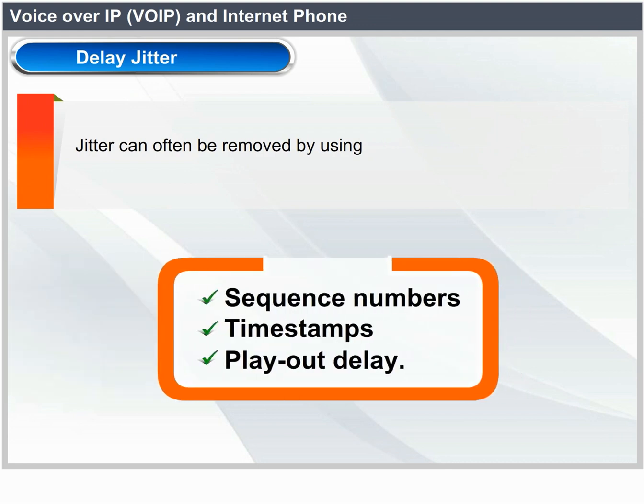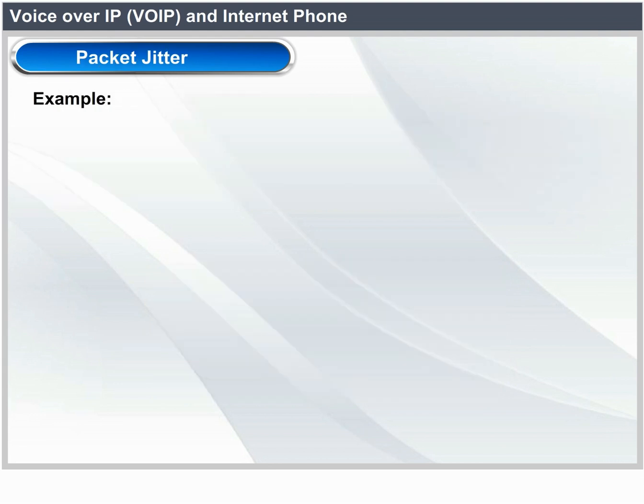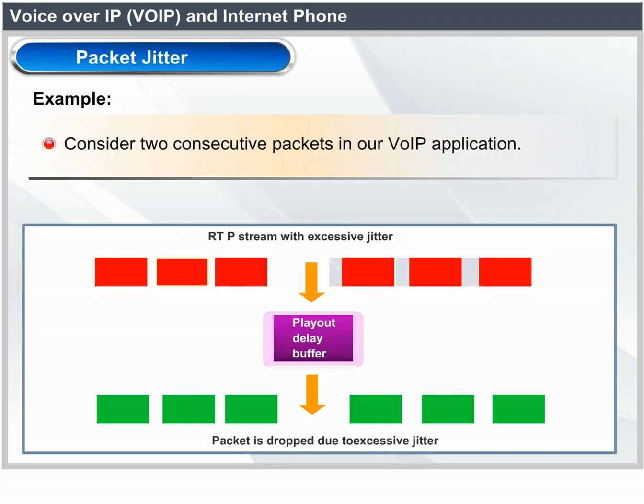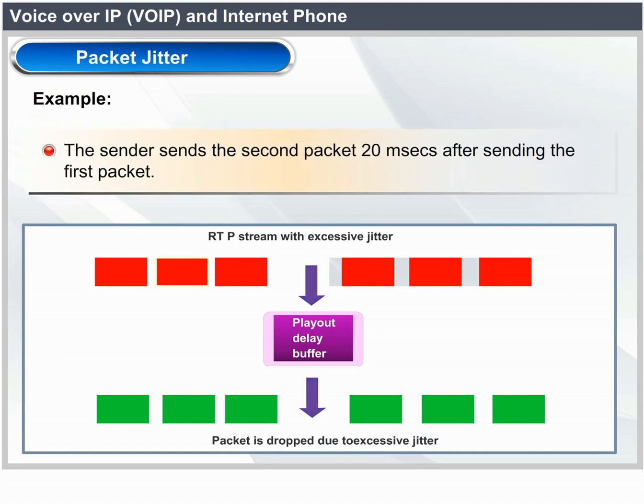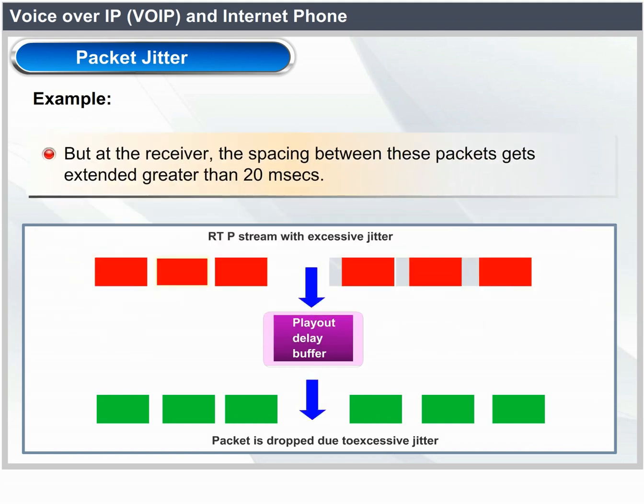Example: consider two consecutive packets in our VoIP application. The sender sends the second packet 20 milliseconds after sending the first packet. But at the receiver, the spacing between these packets can become greater than 20 milliseconds.